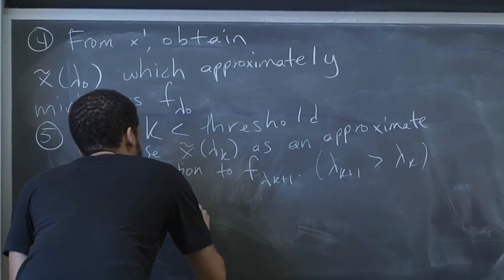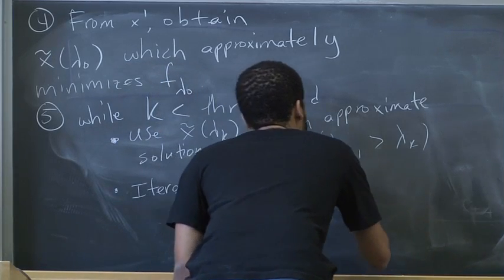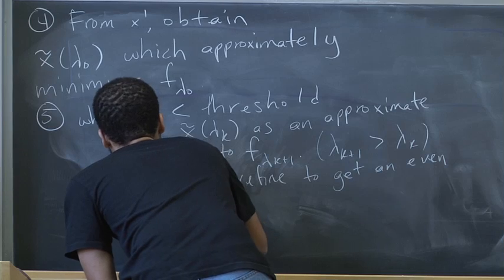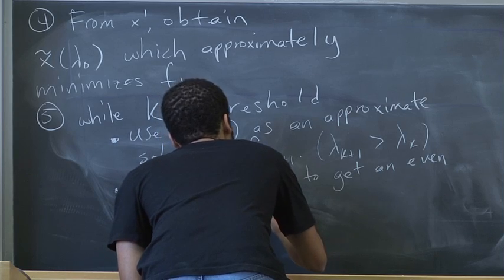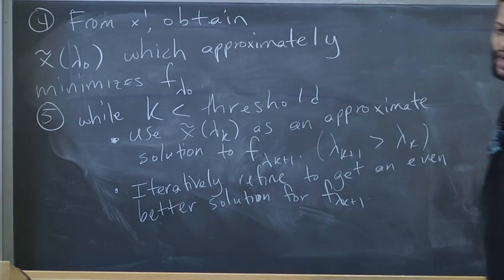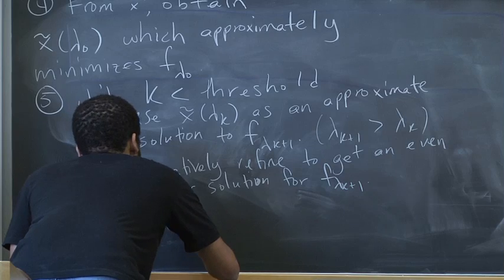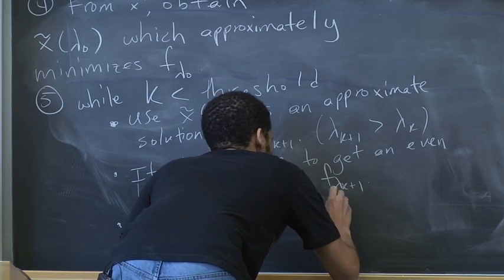And then iteratively refine to get an even better solution for f lambda k plus 1 using some iterative algorithm like Newton's method. I'll tell you more about that throughout the lecture. And then increment k and continue the loop.